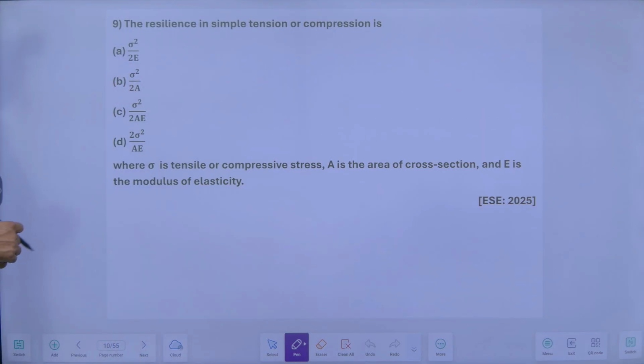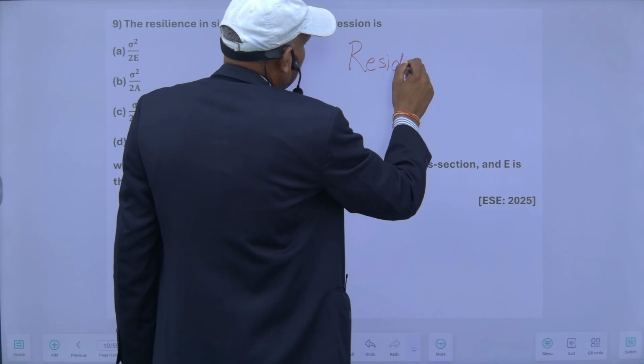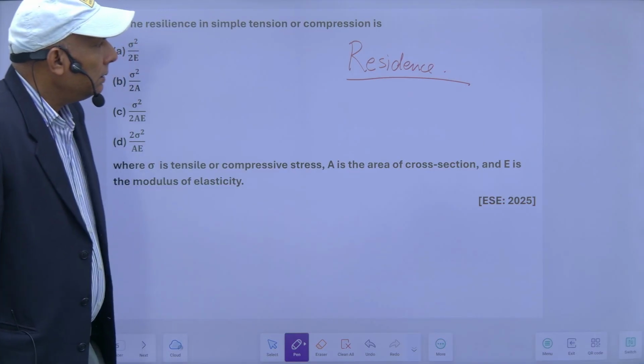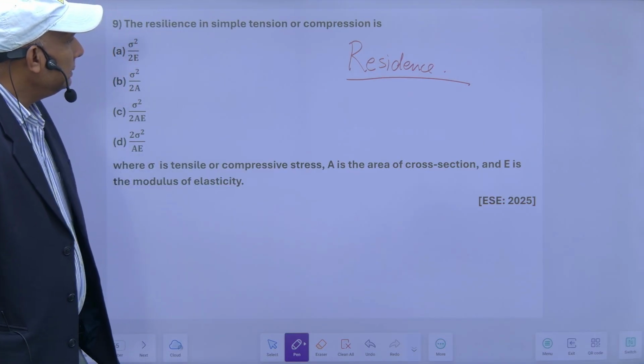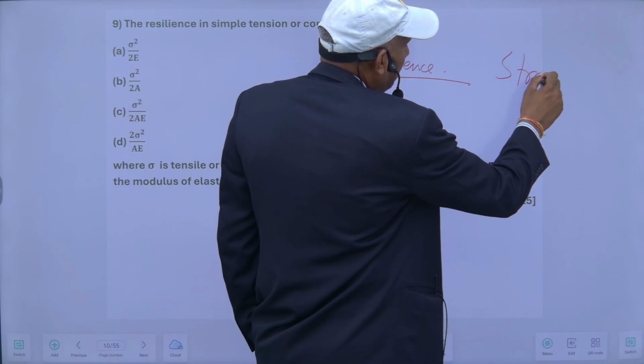Now, the resilience in simple tension or compression. What is resilience? It is the ability of the material to absorb energy under cyclic load or under impact. So resilience is basically strain energy per unit volume.